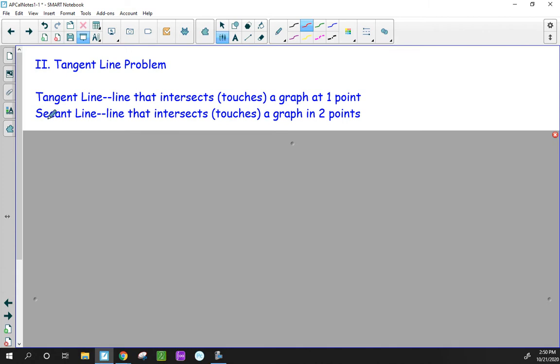I'm talking geometry. So it may have been a while since you've had these words, but a tangent line is a line that intersects the graph at one location. And when you hear me say secant line, I want you to draw a line that's going to intersect whatever graph they give you in 2 places. So tangent is 1 and secant is 2.